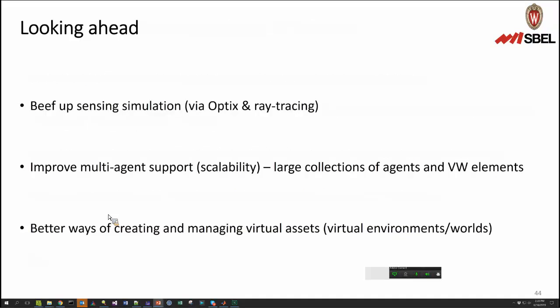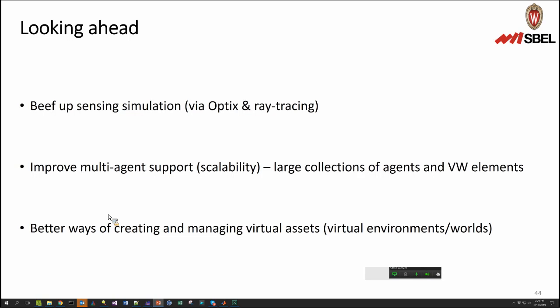Looking ahead, we just started, two weeks ago, year two, where we focus on sensing simulation, which is critical in our infrastructure. We have two undergraduate students looking into improving the scalability of Synchrono so that we can have hundreds of vehicles participate in one scenario in real time.